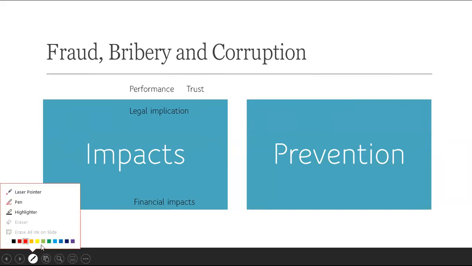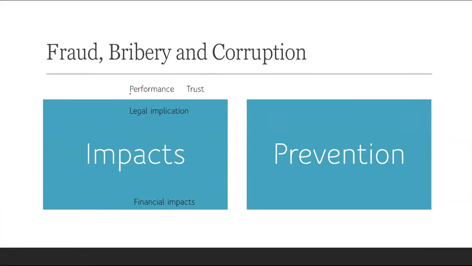About the impact, we may see the impact on operational performance, on the trust between the stakeholders, on legal implications, like we may face costly litigation, and the financial impact, like we may lose billions of dollars on fraud or bribery. And also, even when the question is on the impact, you also need to say something about the method of prevention of this malpractice.